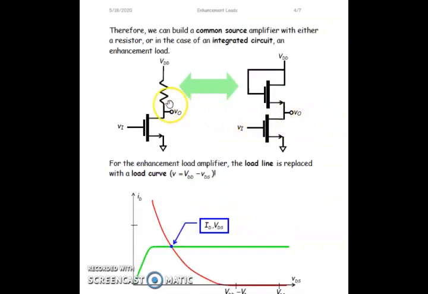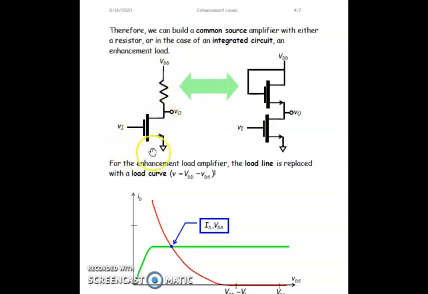So the moment you see a circuit like this wherein a resistor is being used as a load, I can immediately remove this resistor and replace it with a MOSFET like this. Or to be very specific, I can replace this resistor with any MOSFET which has constant current flowing in it. Basically, I want to ensure that constant current is being pushed into the input device.